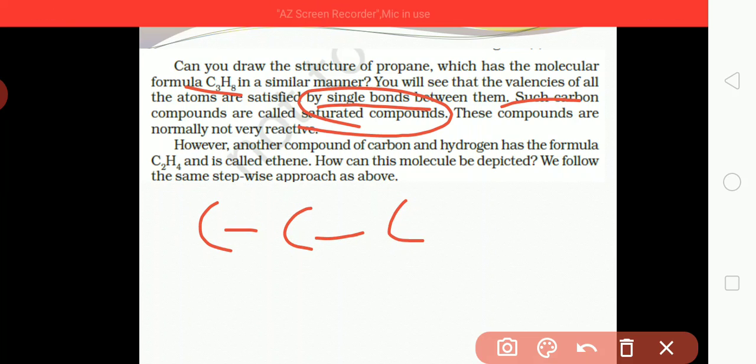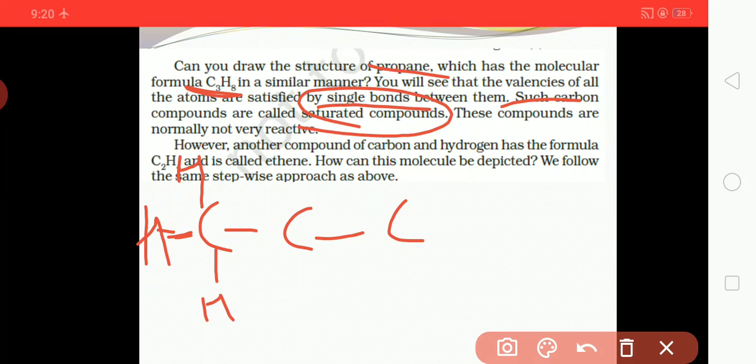This carbon has set one valency with another carbon, so it will have only three vacant bonds. Three valency are left, and in those three we will attach hydrogen.